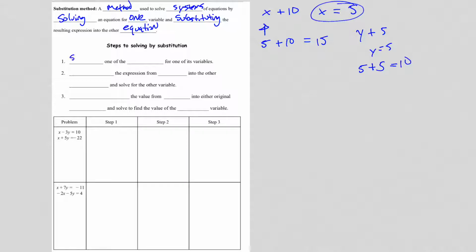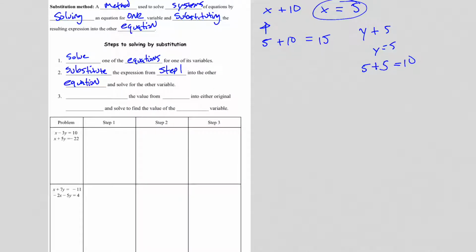Step 1: solve one of the equations for one of its variables. Step 2: substitute the expression from step 1 into the other equation and solve for the other variable.